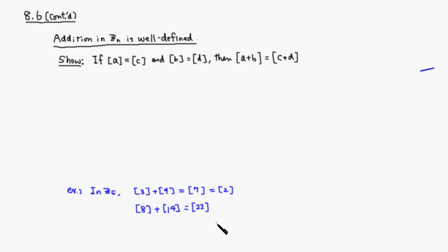But we're not sure that the equivalence class represented by 22 is the same as the one represented by 7. As it turns out, 22 is 5 times 4 plus 2, so it's actually 2. So you get exactly the same thing. But we're going to prove this in general.